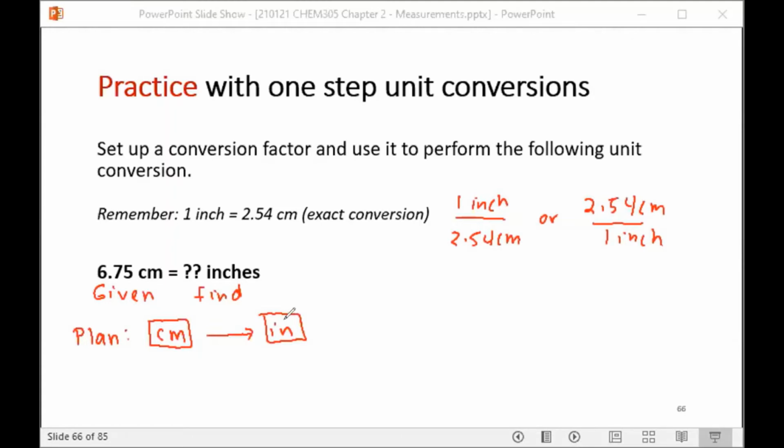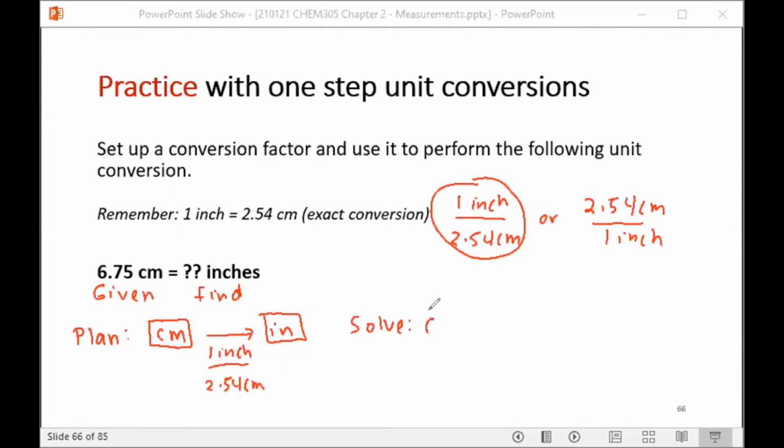And we want inches to be in the numerator. So in order to get centimeters to cancel out, we have to pick this conversion factor. Because if we multiply centimeters by this conversion factor, we'll have centimeters in the numerator, our starting value, and it will cancel out with centimeters in the denominator here, and we'll be left with inches. So our conversion factor is 1 inch for every 2.54 centimeters.